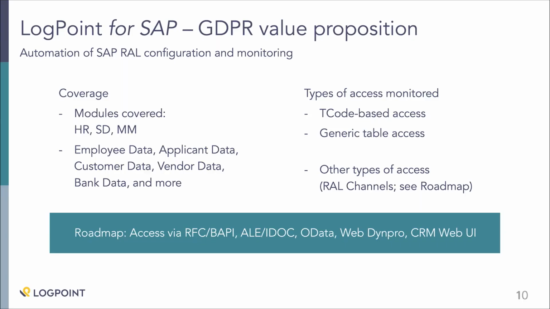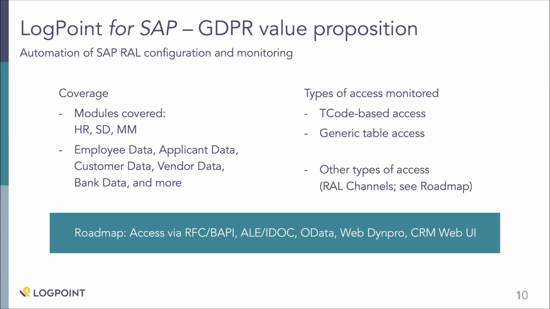What do we cover in terms of configuration in the read access log? Today, we cover the SAP modules, for example, HR or human capital management systems, sales and distribution, and material management, to cover access to employee data, applicant data, customer data, vendor data, bank data, and more.